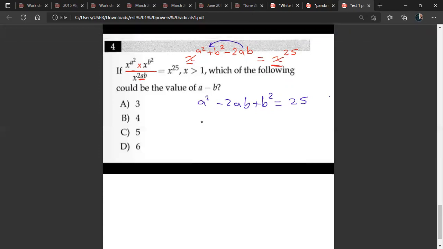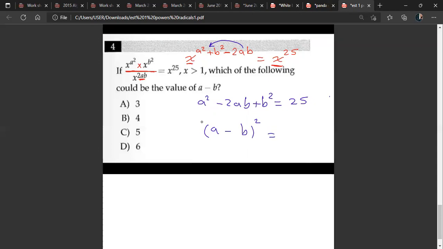Okay, guys. Here at the left side, this is a trinomial expression, and you can write it using the binomial theorem as a bracket squared. So it is a minus b squared. If you had plus, it would be a plus b squared.